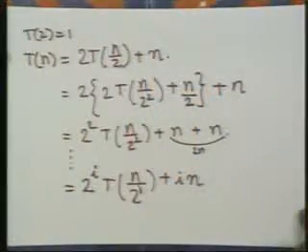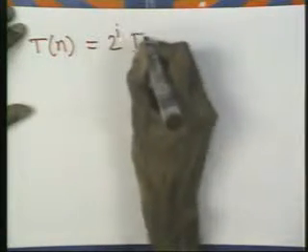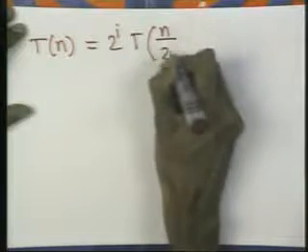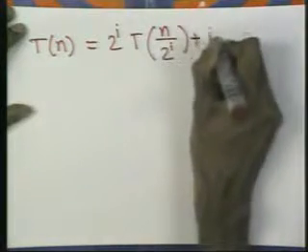Okay, now what? Well, we continue till n by 2 to the i. So let's start here. Now we know T(n) is 2 to the i times T(n/2 to the i) plus i times n.